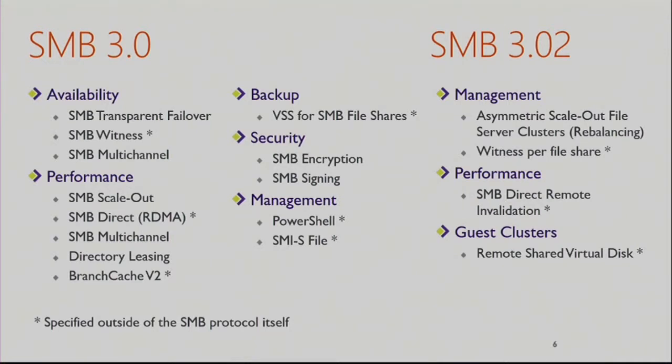But how can you query what shares exist? Inside the SMB protocol, there's no way that I can open a connection to you and say, hey, give me a list of shares that you have. So we use SMI-S file to do these kinds of things, or for instance, to set permissions on the share. These things usually happen out of band of the SMB protocol.